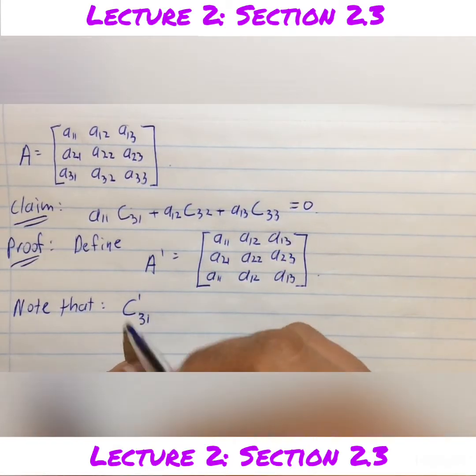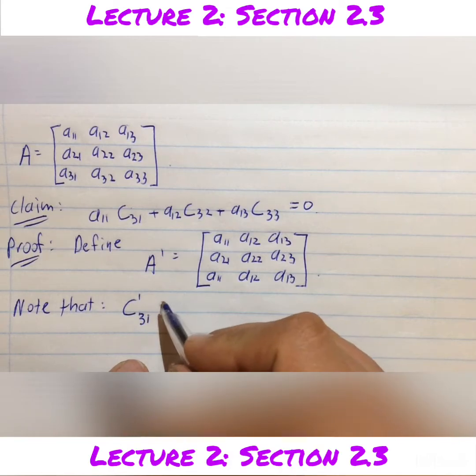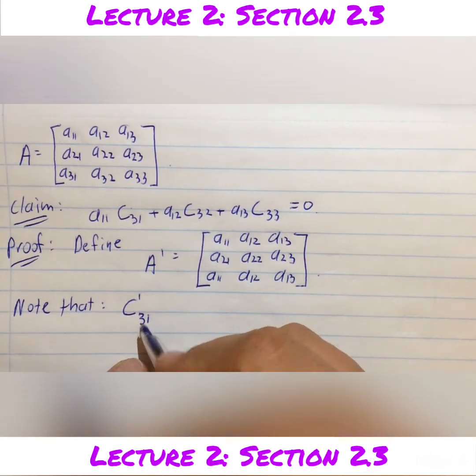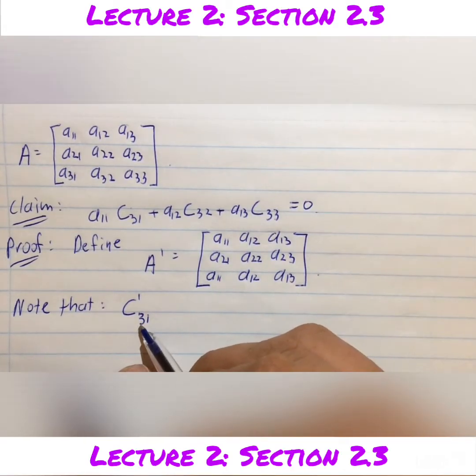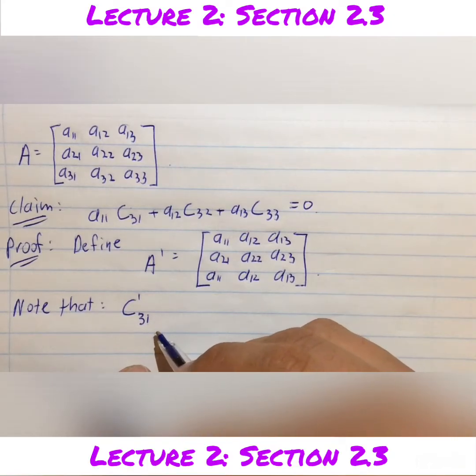And remember, this is the sign (-1) to the power of 3+1 multiplied by the minor of this entry in the third row in the first column. And the minor, remember, is the determinant of the matrix that I get by cancelling the third row and the first column.